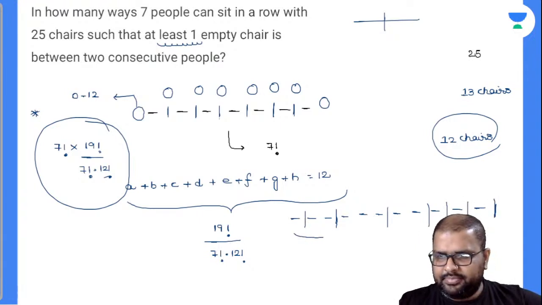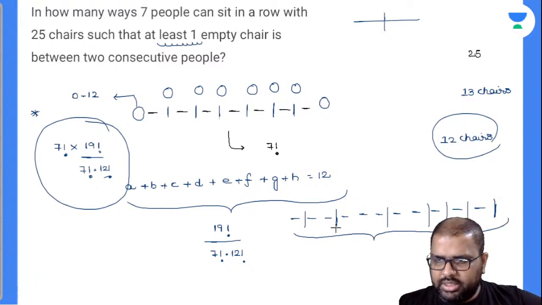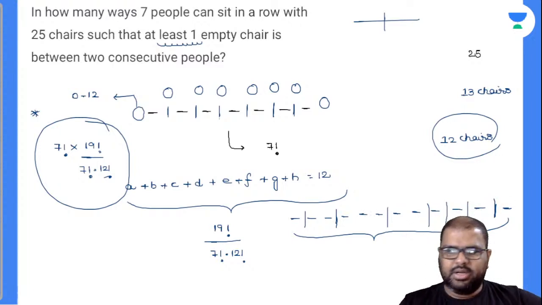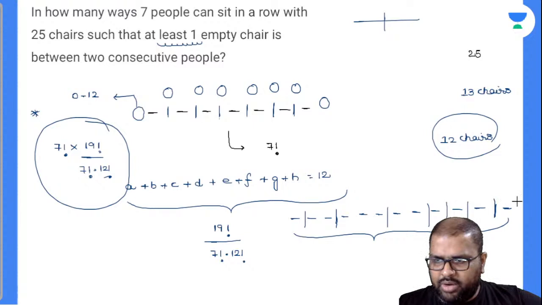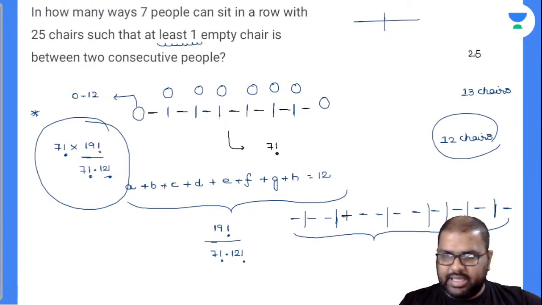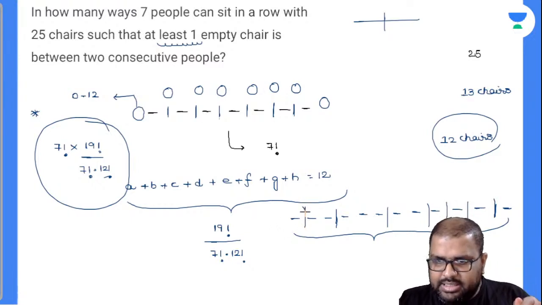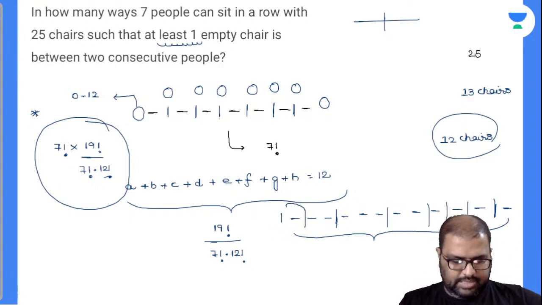So see here. 12 chairs are there, right? 1, 2, 3, 4, 5, 6, 7, 8, 9, 10, 11, 12. How have I divided these 12 chairs? I made the partition like this. There is no need that this partition should be here; this partition can be here also. Am I right or wrong?